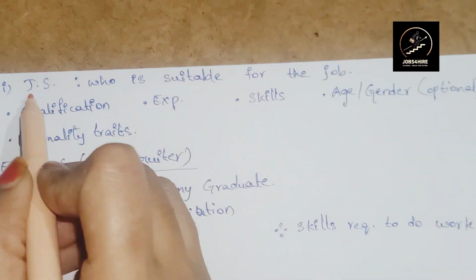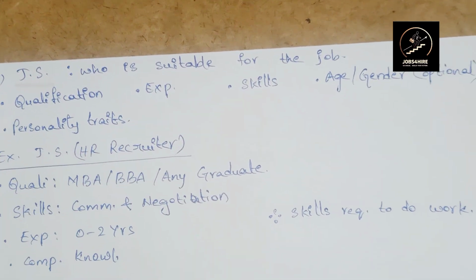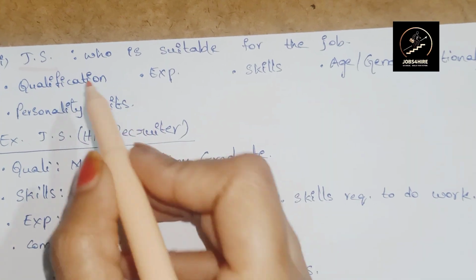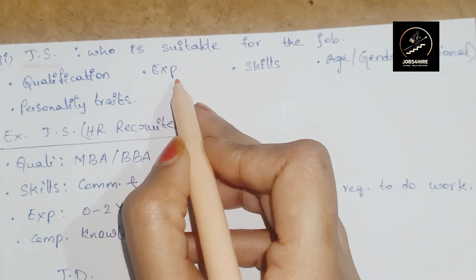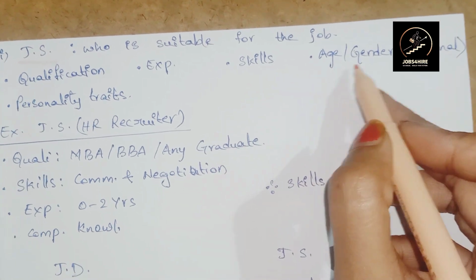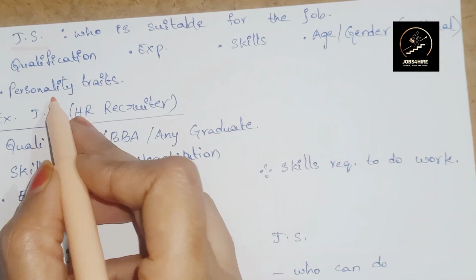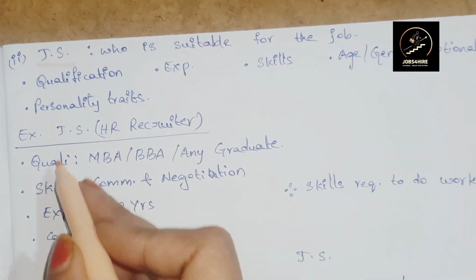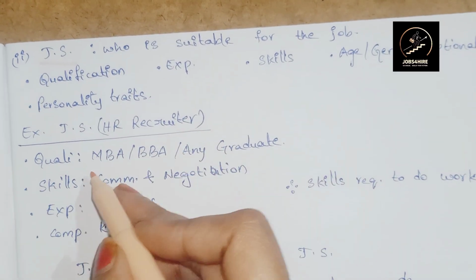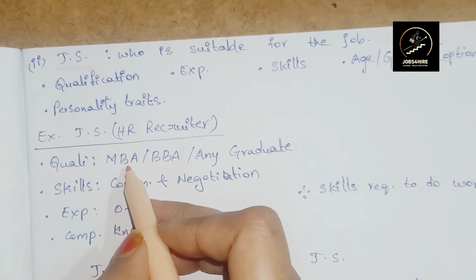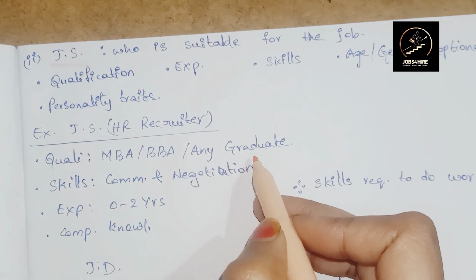Next, the second one, job specification. It means who is suitable for the job. It includes qualification, experience, skills, age or gender is optional, personal traits. For example, suppose qualification means MBA or BBA or any graduate.